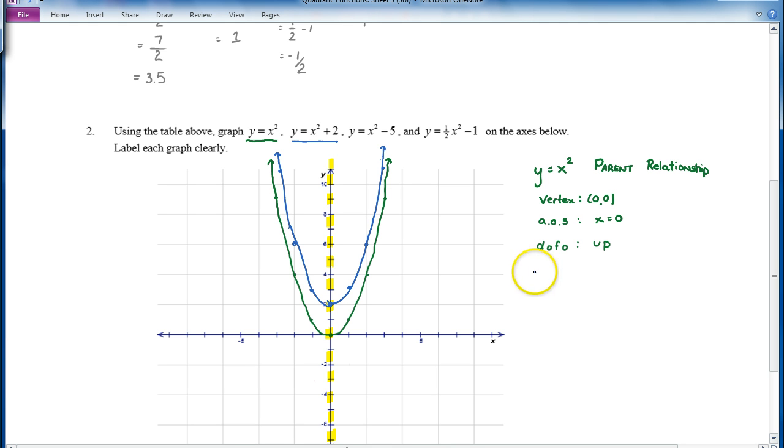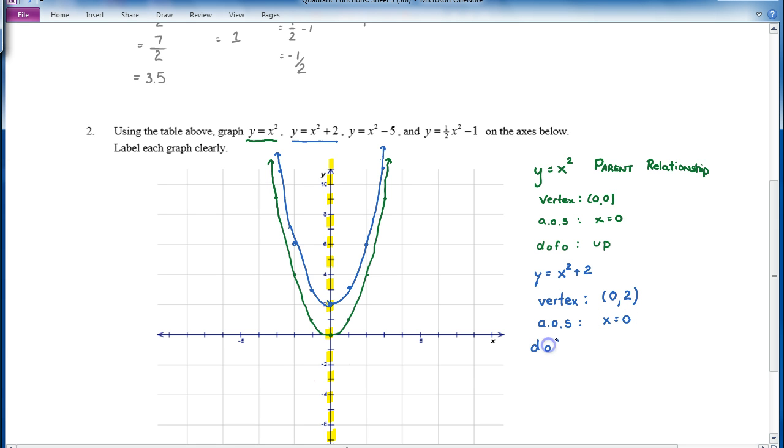And of course, I look at this, and even if I'm not asked, I want to ask myself, well, what is the vertex? The vertex is, of course, where we change direction, so that is going to be 0, 2, being sure I give the coordinate pair. Then I want to ask myself the axis of symmetry, and notice the axis of symmetry hasn't changed, so it's still x equals 0.